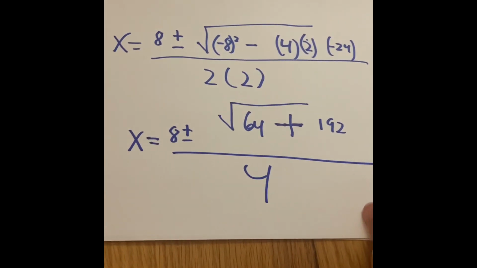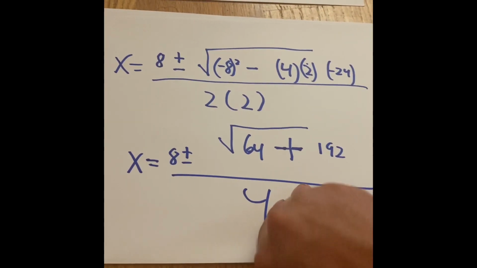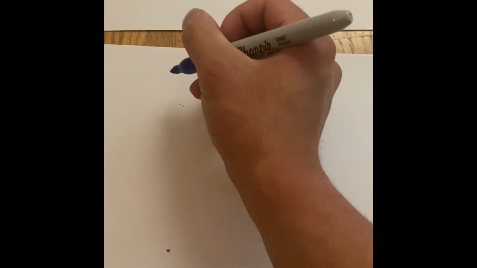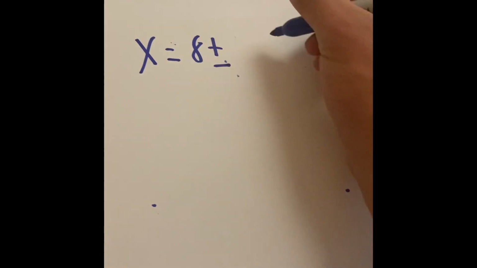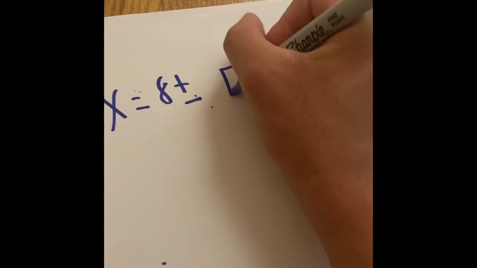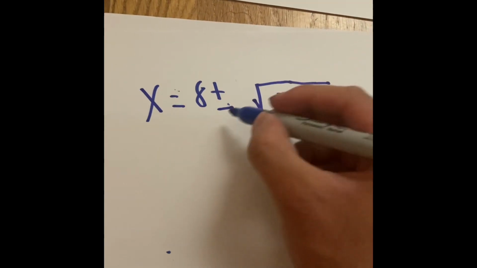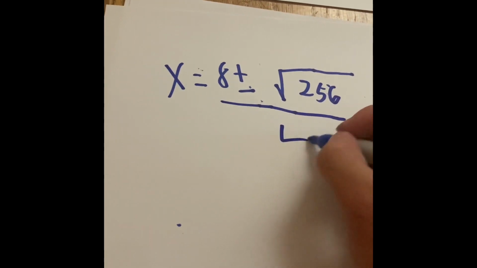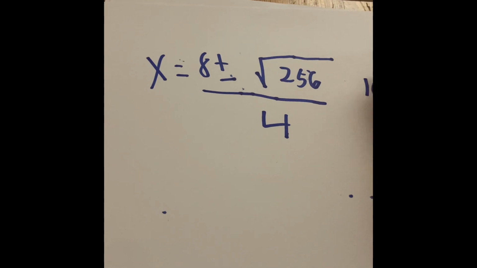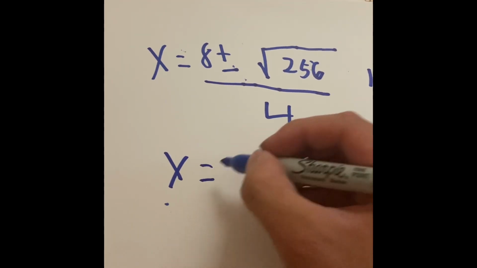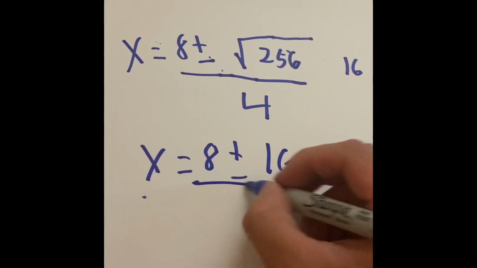There are a lot of steps in this. 64 plus 192 is 256. So x equals 8 plus or minus the square root of 256, divided by 4. The square root of 256 is 16. Therefore x equals 8 plus or minus 16, divided by 4.